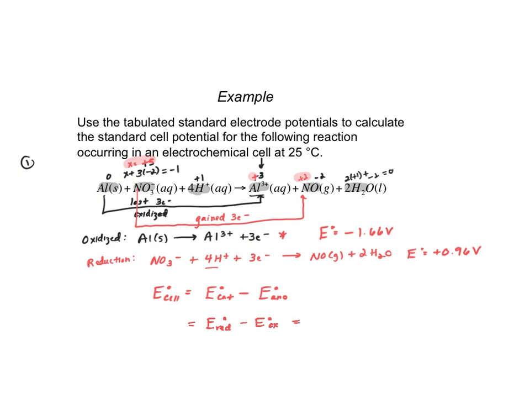So this ends up being, who's reduced here? The nitrate, right? So we have a positive 0.96 volts minus whoever is oxidized, which is the aluminum, a minus 1.66 volts. This is our cell potential. So when we add those two together, we get a positive 2.62 volts.